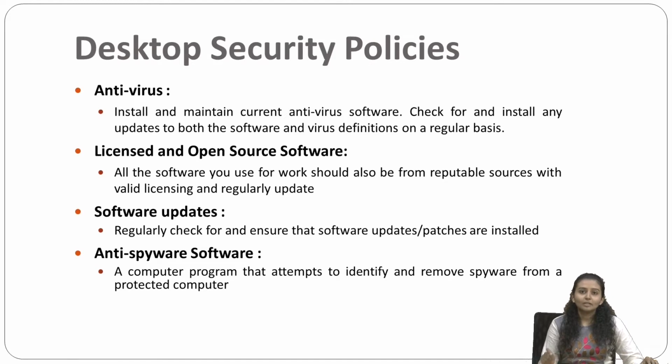The primary purpose of antivirus solution or software is to guard against malicious software or script by blocking the software that is identified and alerting administrator that such action has taken place. It also provides solution to detect and report different types of malicious software. So, we must install and maintain current antivirus software. Check for and install any updates to both the software and virus definition on a regular basis.